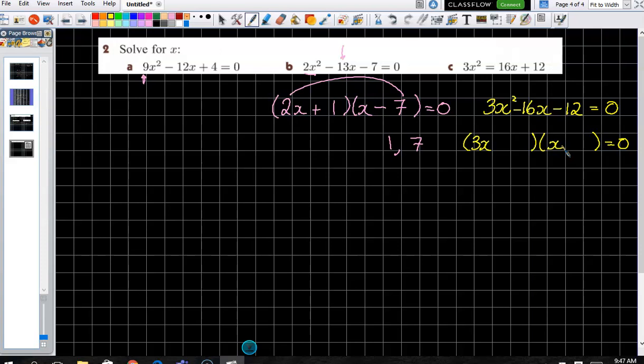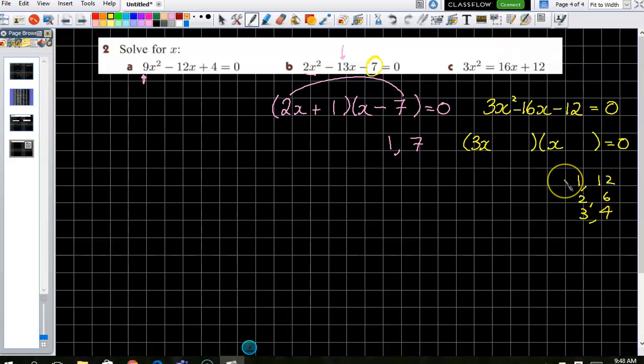Agreed? But this one isn't as nice as the previous one because 12 is not a prime number. So to get the 12, well, you could have 1 and 12, you could have 2 and 6, and you could have 3 and 4. This is where I need you to have a little bit of times table skills.